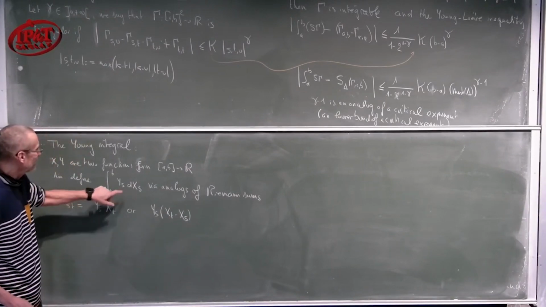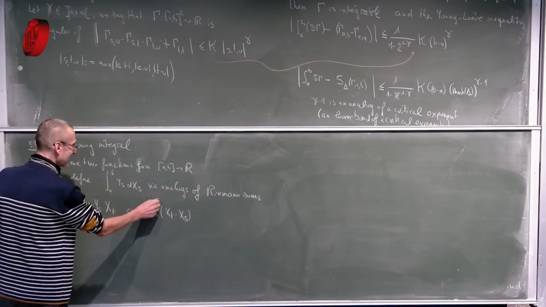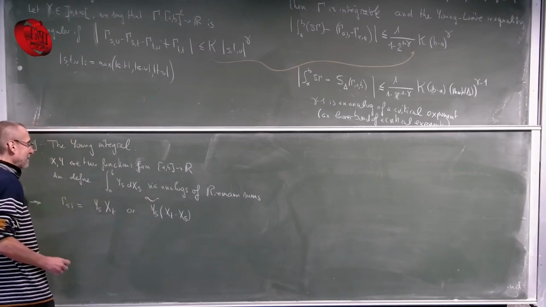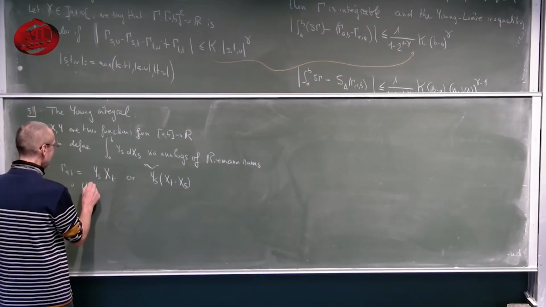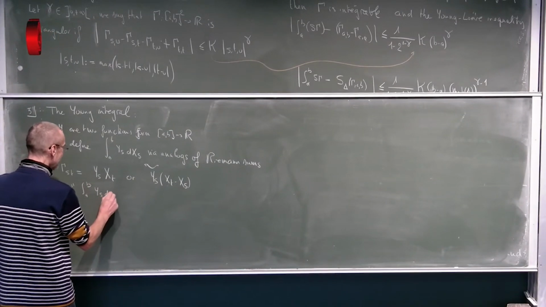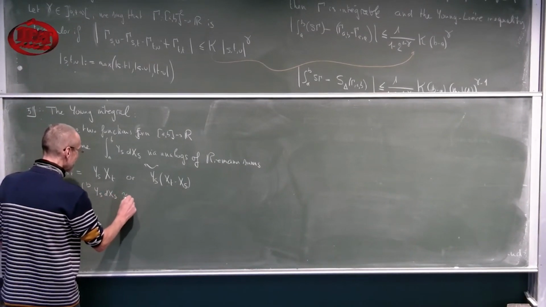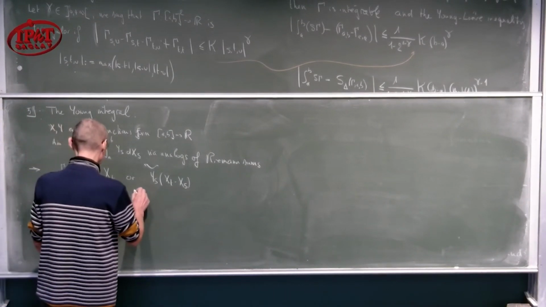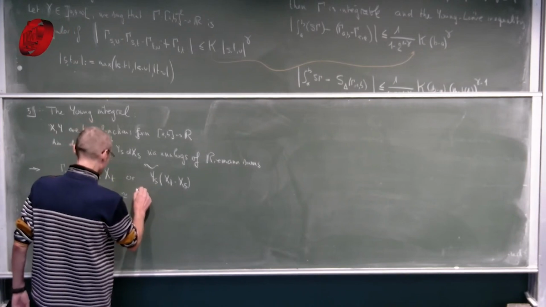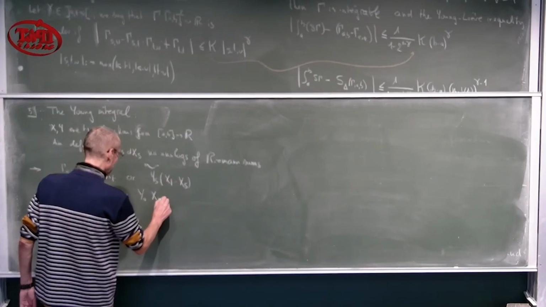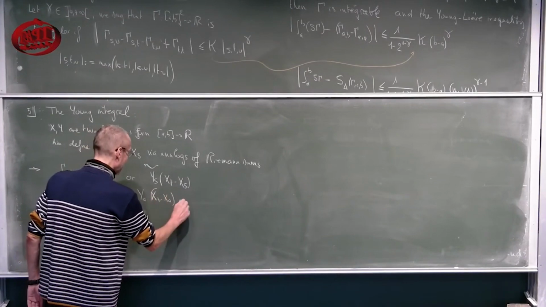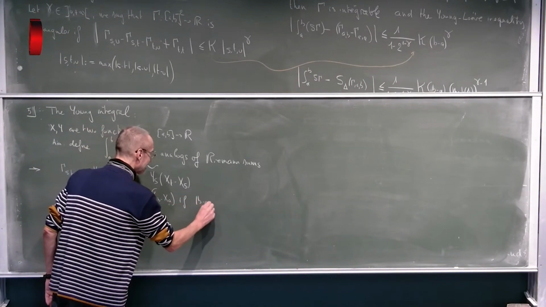We would like to approximate the integral with that. The integral of y_s dx_s will be somehow equal to y_a times (x_c minus x_a).